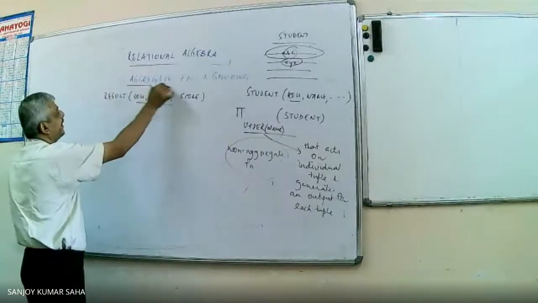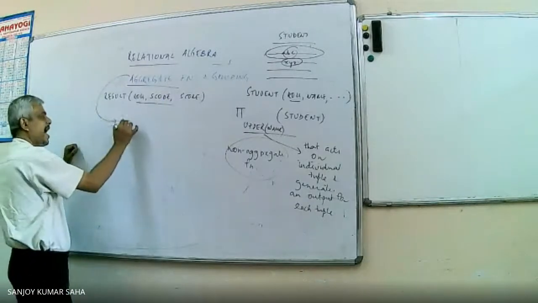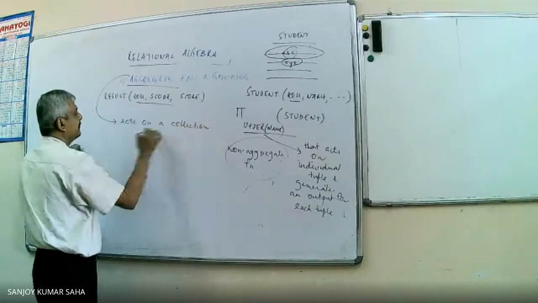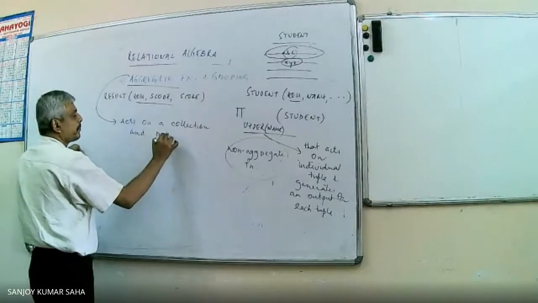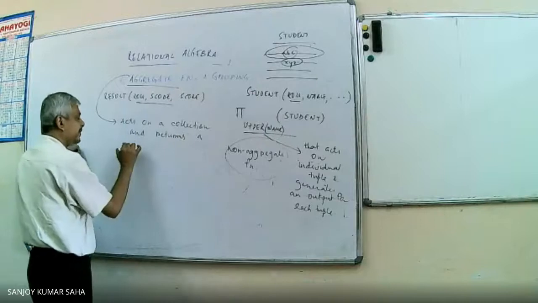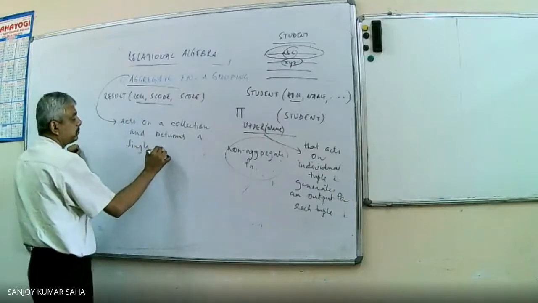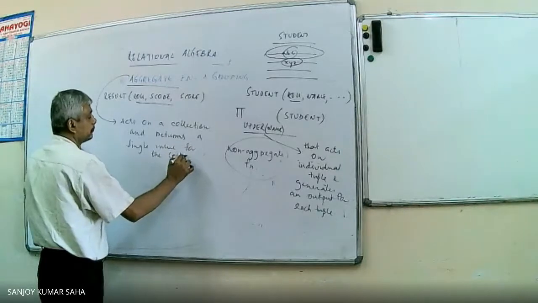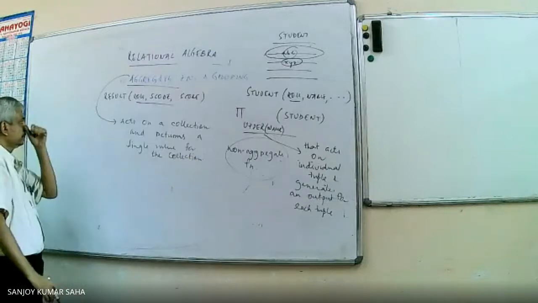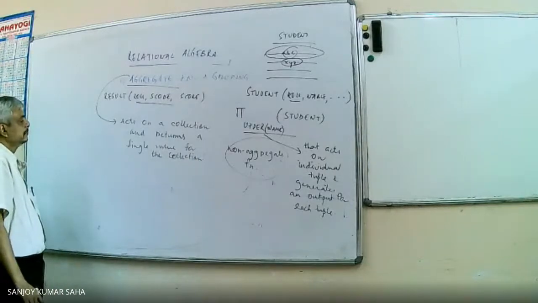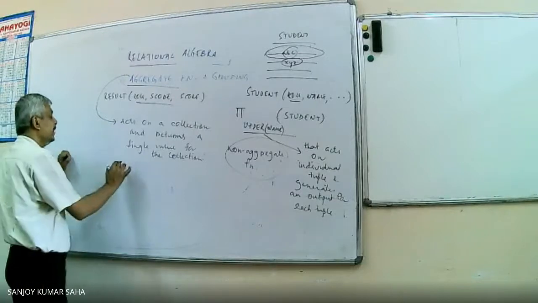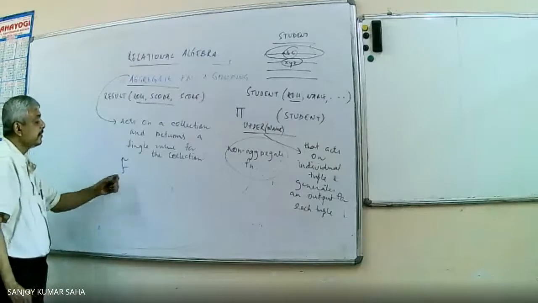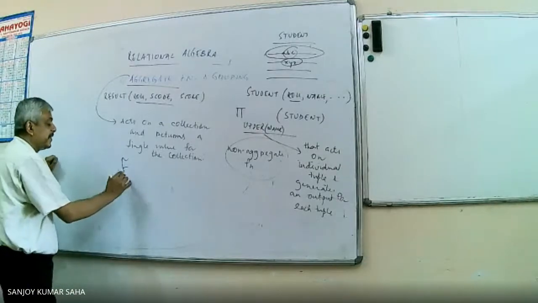So when we talk about aggregate, obviously it acts on a collection and returns a single value for the collection. It is shown this way, script F. Here I can put an aggregate function, say average.